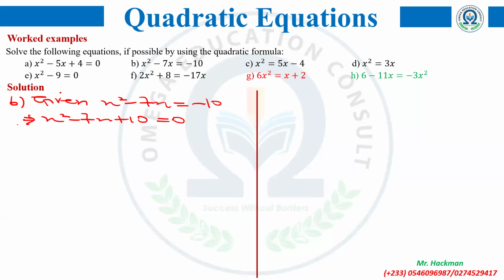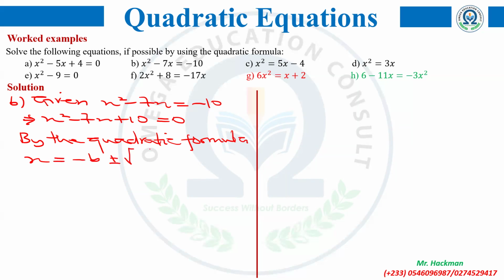So by the quadratic formula, it's in x, so our result must be in x. So x is equal to minus b plus or minus root of b squared minus 4ac, the whole of this over 2a.